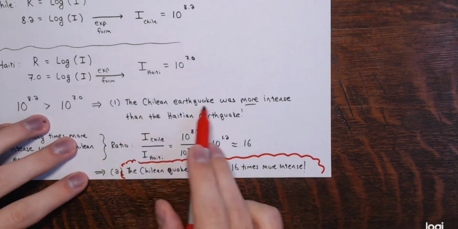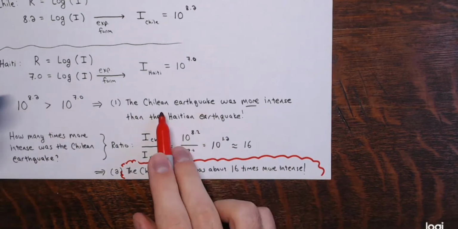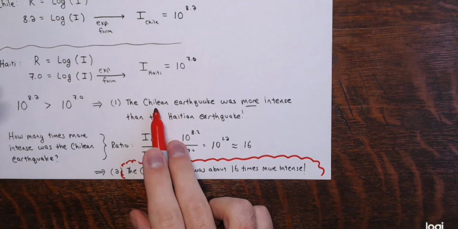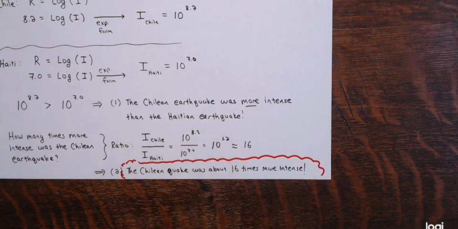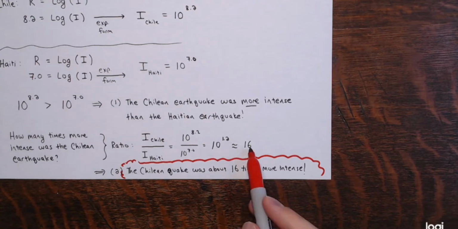Because again, this first one you could have just said, oh yeah, the Richter reading for Chile was higher than the magnitude for Haiti. So you could have said this right away. You could have said the Chilean earthquake was more intense than the Haitian earthquake. A more interesting question would have been how many times more? By what number?